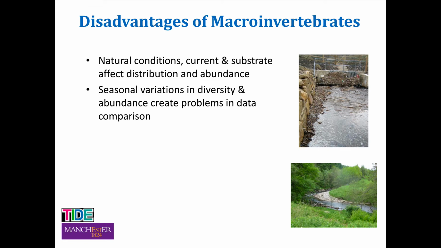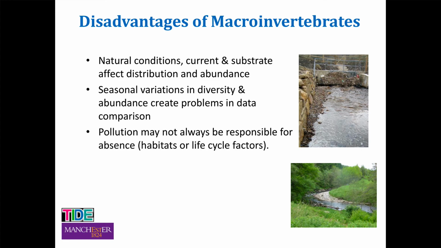There's seasonal variations, natural variations in life cycles and food webs. And so these can create problems if you're not aware of them. And then obviously pollution might not always be the one responsible for the absence. Maybe it's just not found that time of year. Maybe something's happened to the habitat that's nothing to do with pollution at all.